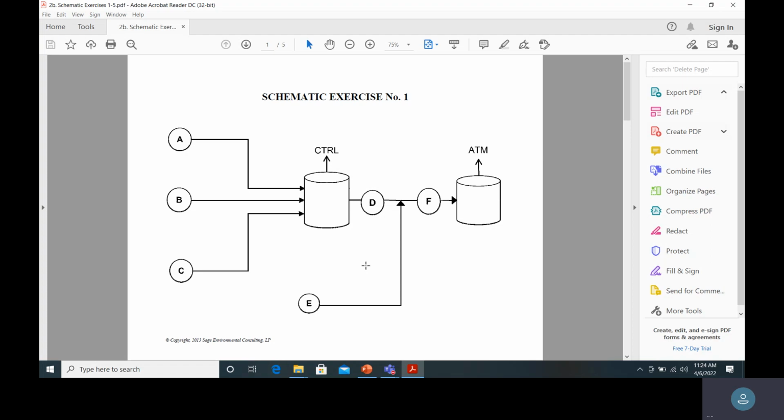Now, let's say the exact same scenario, but now make D 4 ppm and F 7 ppm.